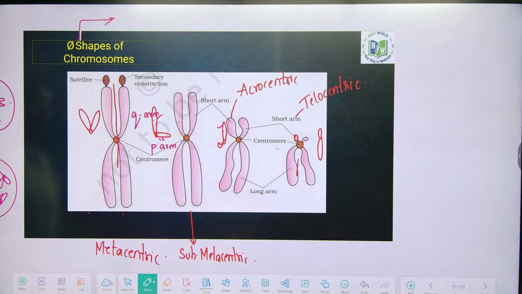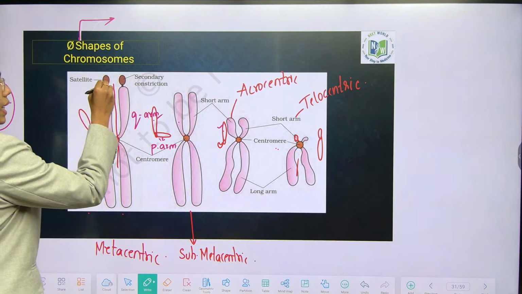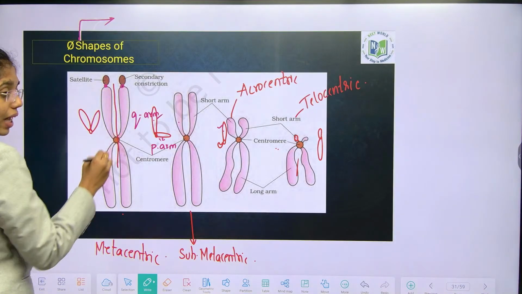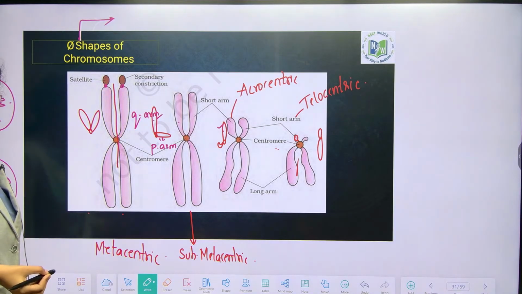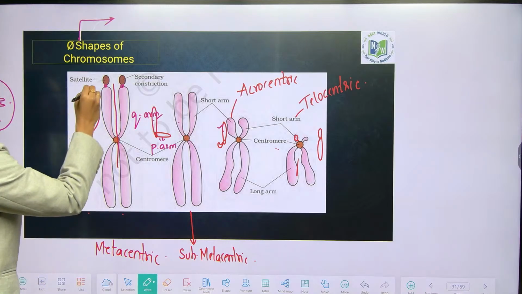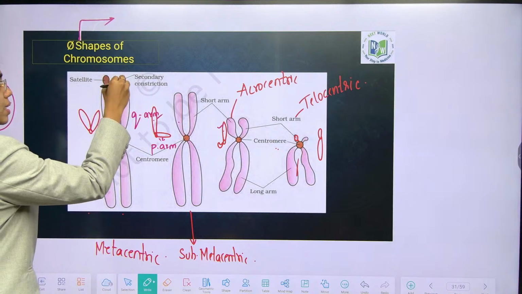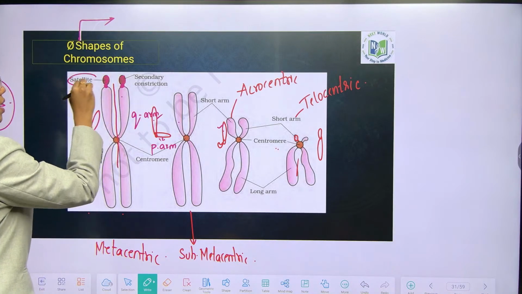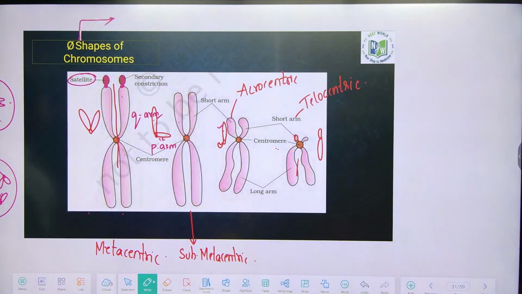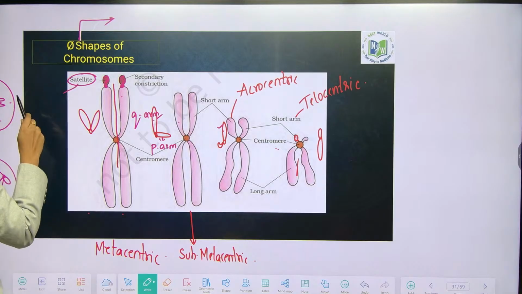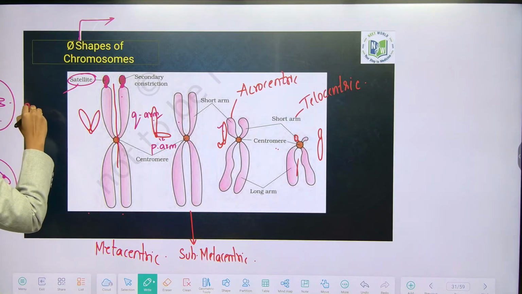In a few chromosomes, there is a secondary constriction. At the center we have the centromere, which is the primary constriction of the chromosome. Above the secondary constriction there are some DNA sequences known as satellite sequences, which have most of the repetitive sequences of the DNA.